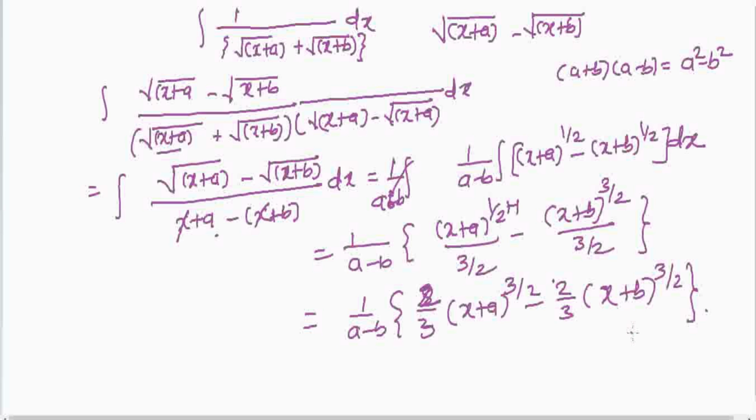This is the method how we get the term into an integrable term by multiplying the conjugate of the denominator.